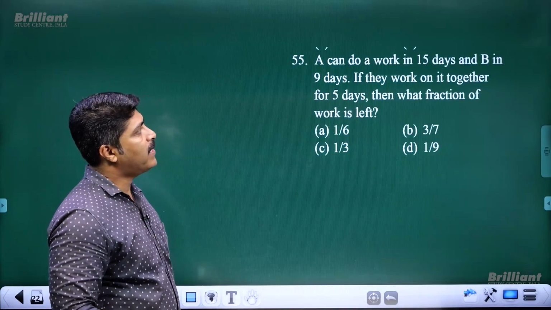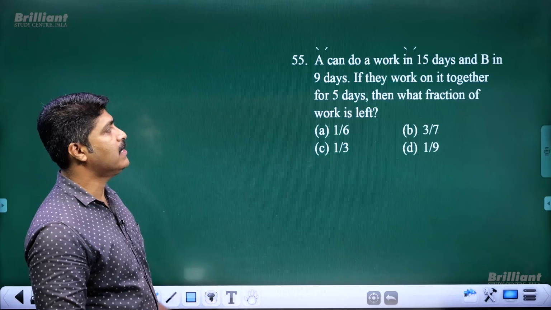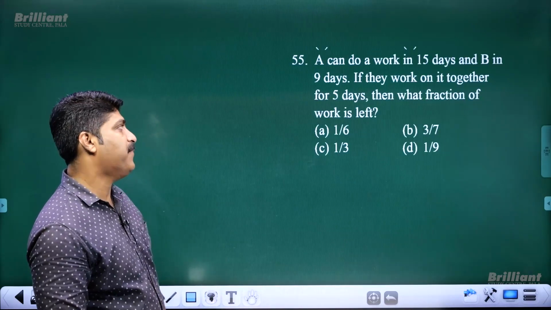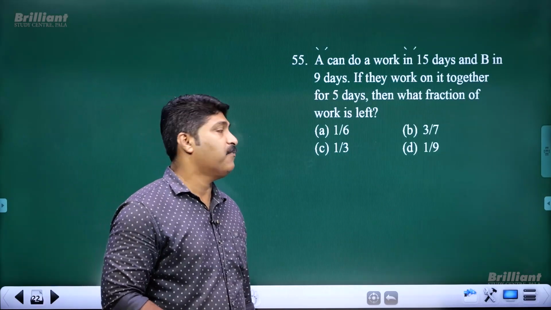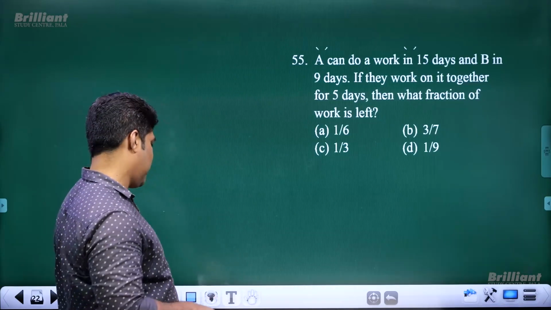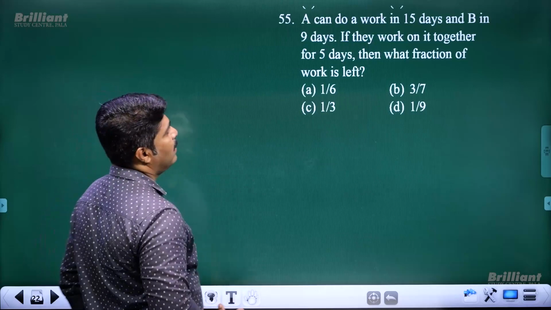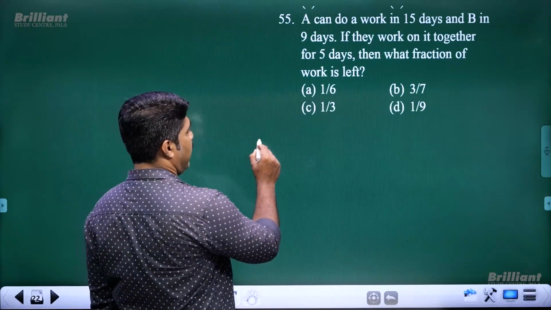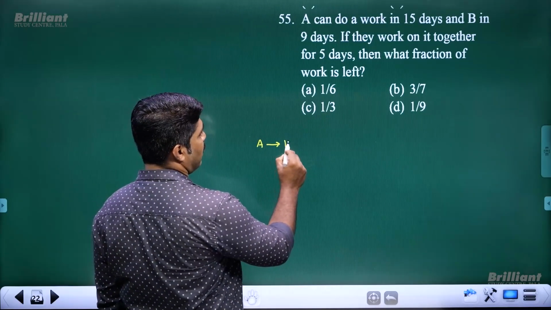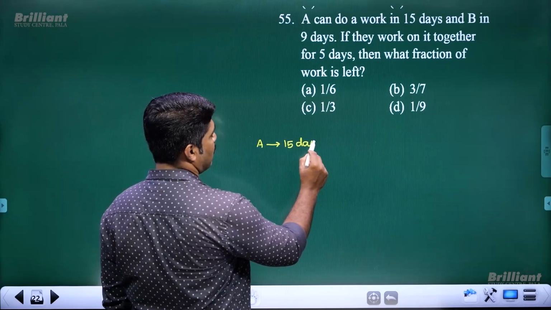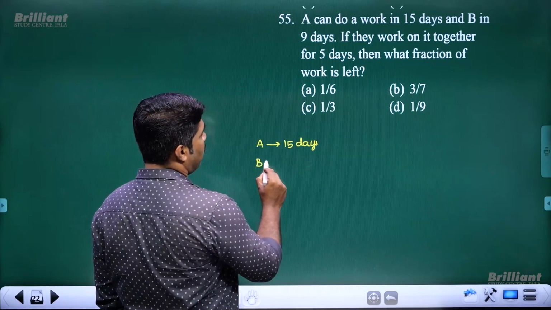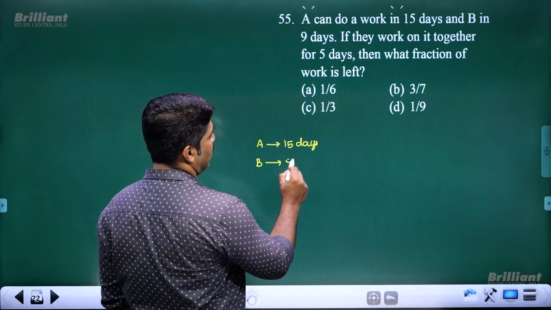A can do a work in 15 days, B in 9 days. If they work on it together for 5 days, then what fraction of work is left? So here, we can directly apply the result. Suppose A can complete a work in 15 days, B can complete it in 9 days.